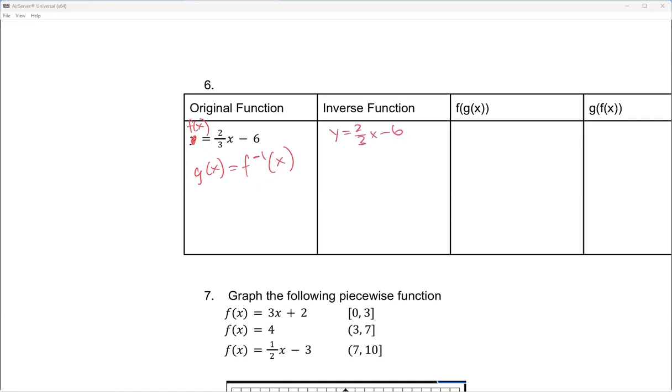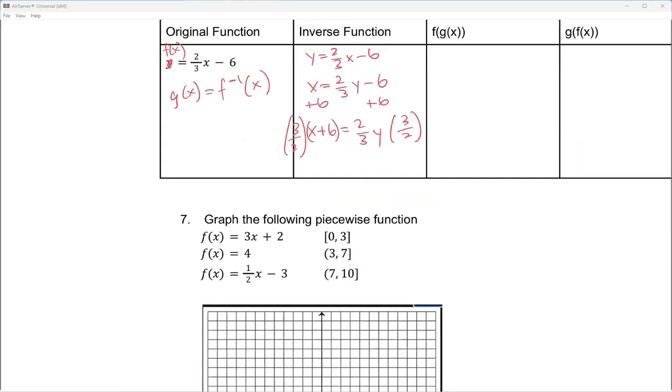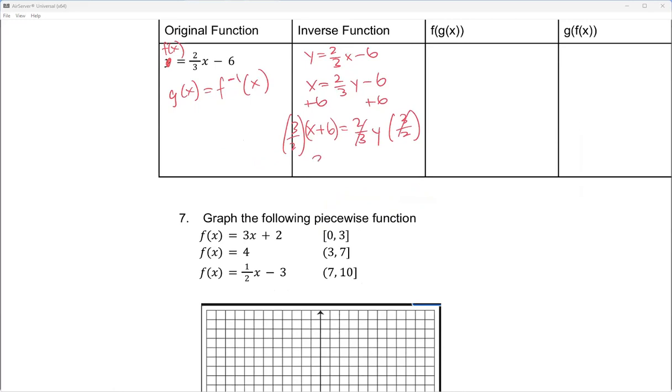What do you do next? Good job. You switch x and y and then solve for y, right? So you add the 6. So it'll be x plus 6 is equal to 2 over 3y. Next step is multiply 3 over 2 to both sides. So 3 over 2x plus 9 is equal to y. Okay? So this is your g of x here.